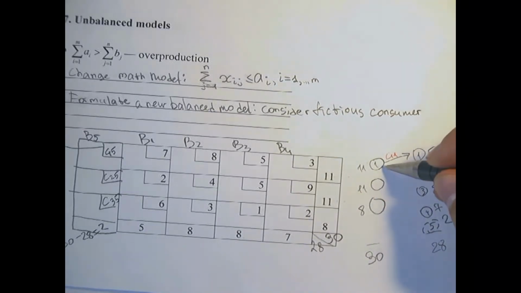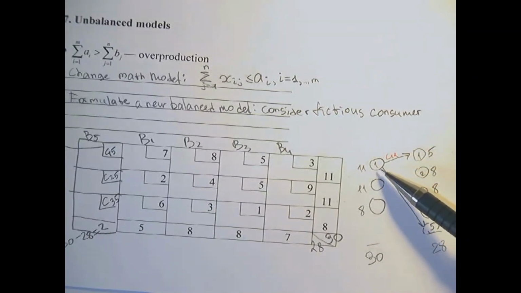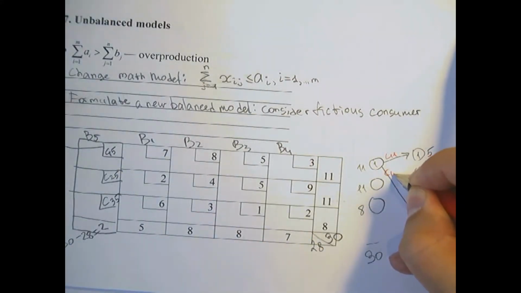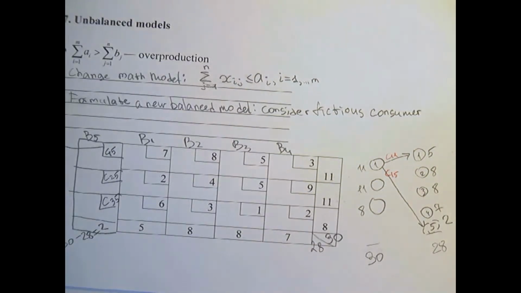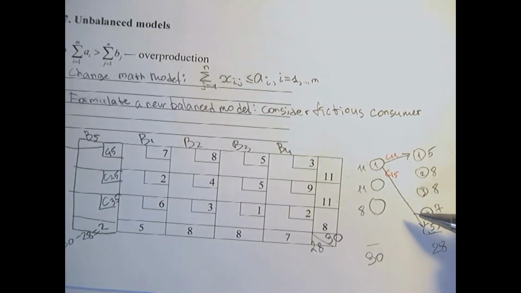But for the edge from the first supplier to our fictitious customer, we consider a penalty C15 for the extra chocobox which we leave at this point after optimization.